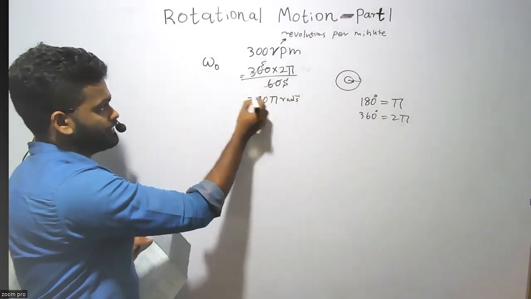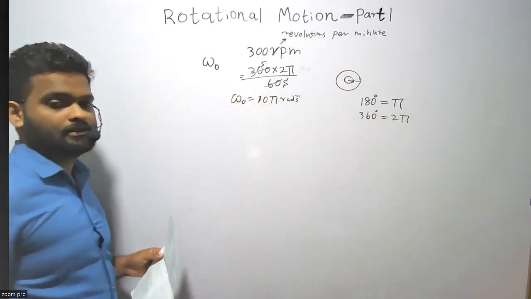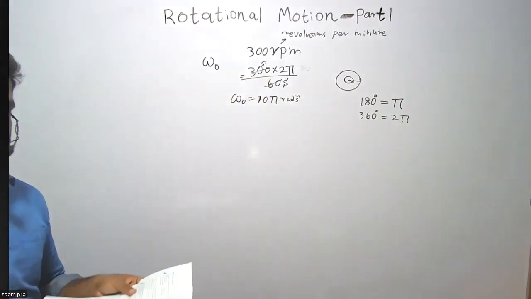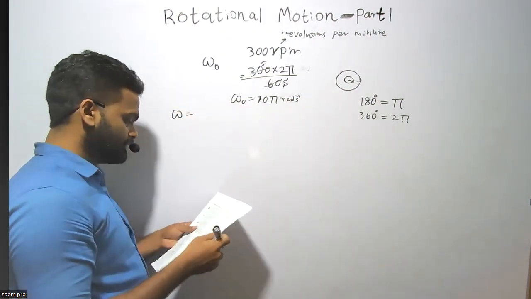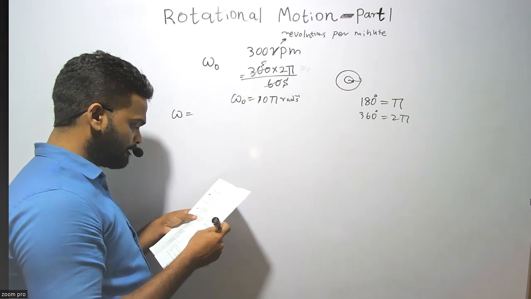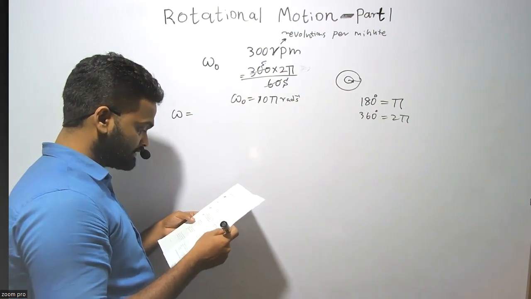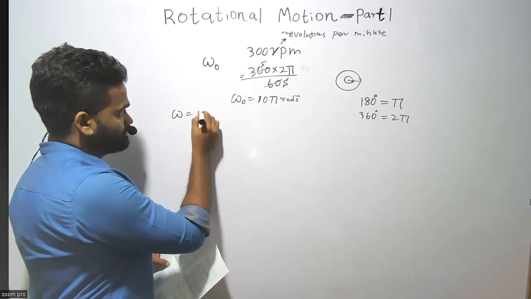So 10 pi radians per second is the initial angular velocity. Then you need to have the final angular velocity, that is 180.